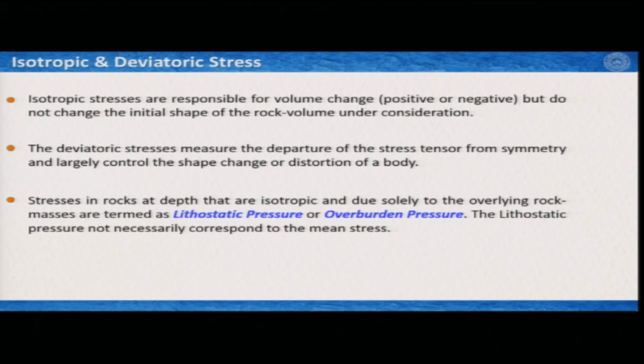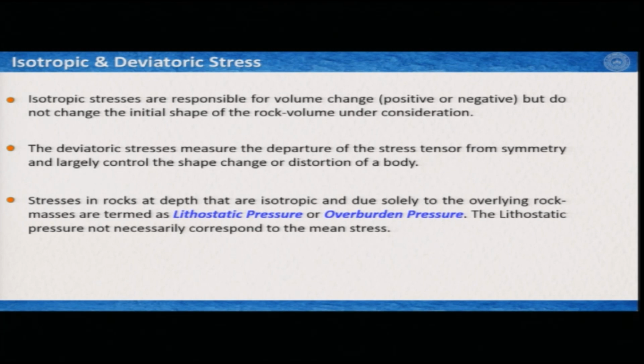The deviatoric stress, on the other hand, measures the departure of the stress tensor from the symmetry, that means it does not consider the symmetric part of it. Therefore, the deviatoric stress is responsible for the strain or distortion of the body, and it changes the shape of the body.